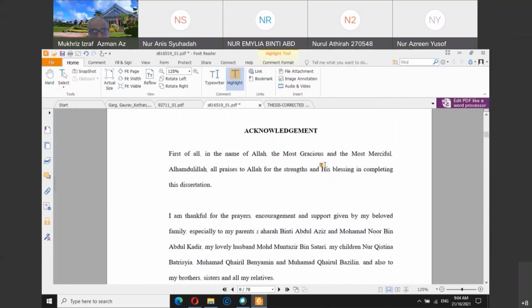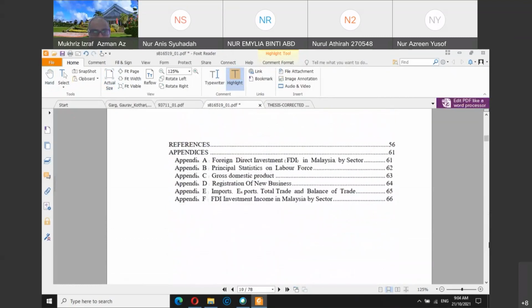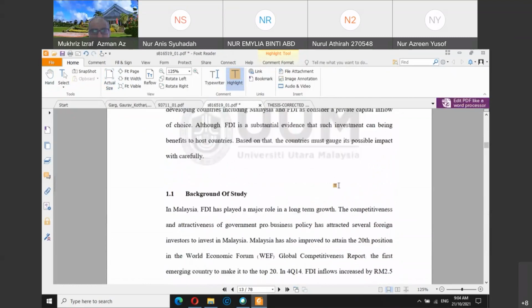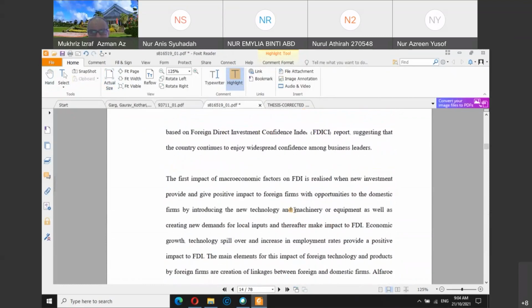macroeconomics on FDI, I think what we discussed last Monday was that the student provided a very limited amount of information on the FDI data, and then mentioned a bit of the macroeconomic factors that are affecting FDI.